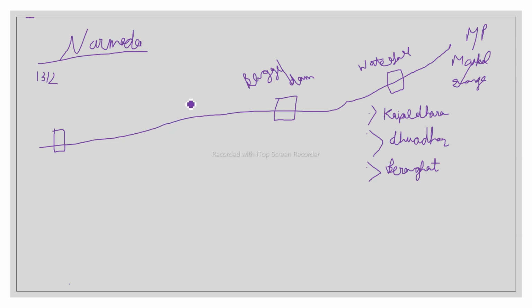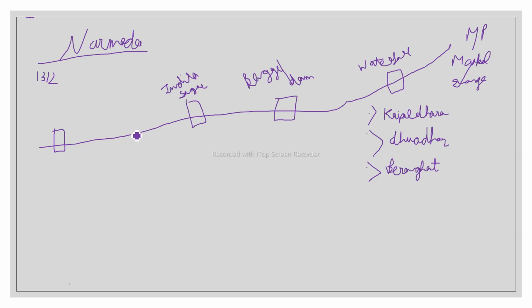Then we have the next one here. This is called Indira Sagar Dam. So there is this Indira Gandhi Canal and Indira Sagar Dam. So you should not confuse between the two. The Indira Gandhi Canal was discussed between the Satluj and Beas, whereas this is a Narmada dam that is called Indira Sagar.